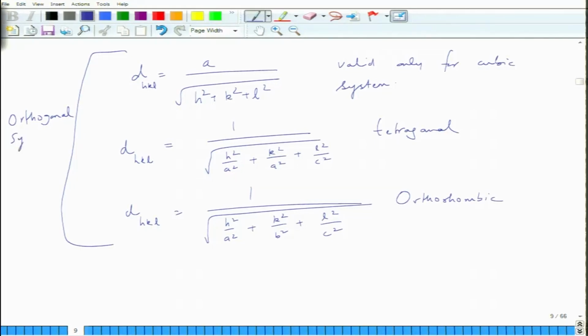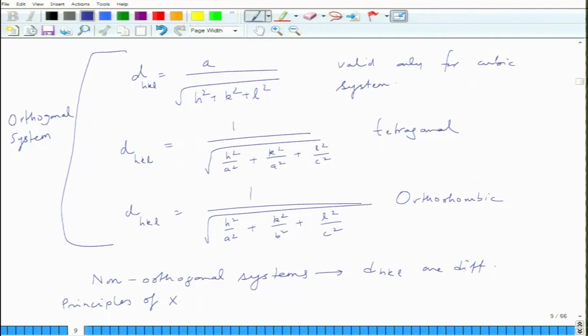For non-orthogonal systems, the D HKL are different, and I will refer you to Principles of X-ray Diffraction by B.D. Cullity.